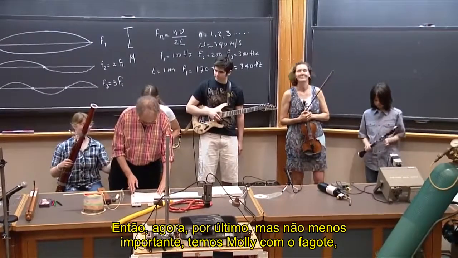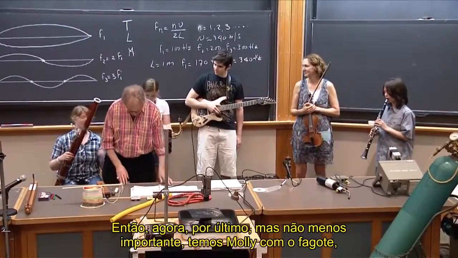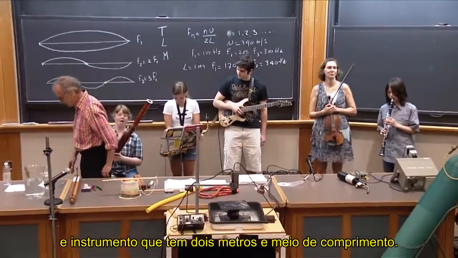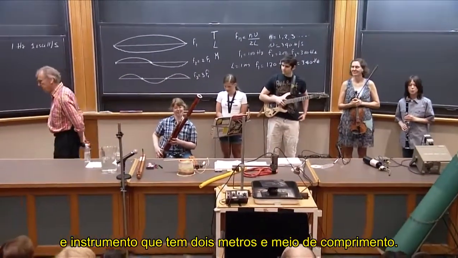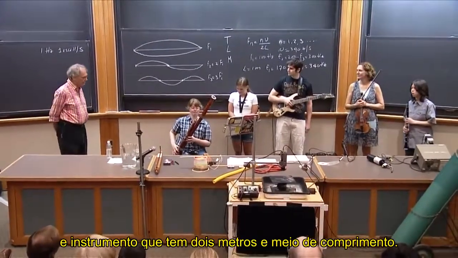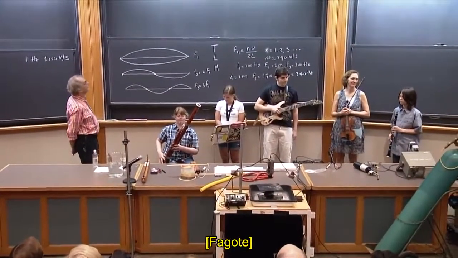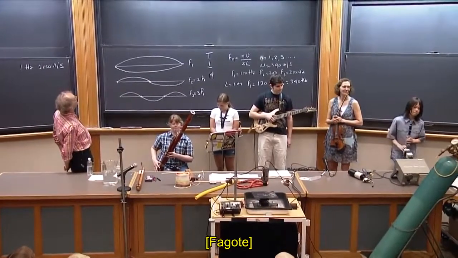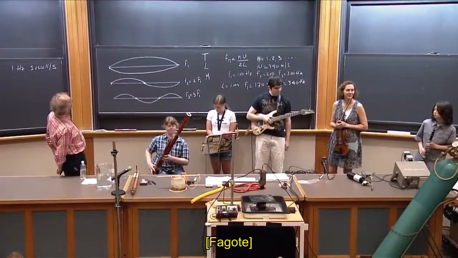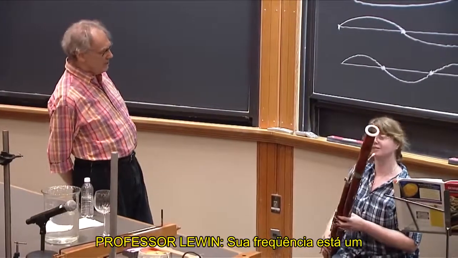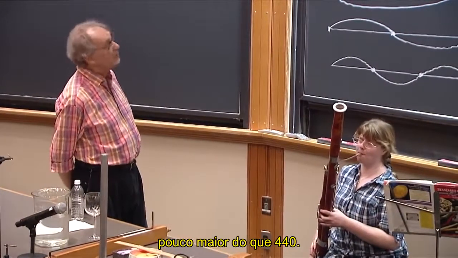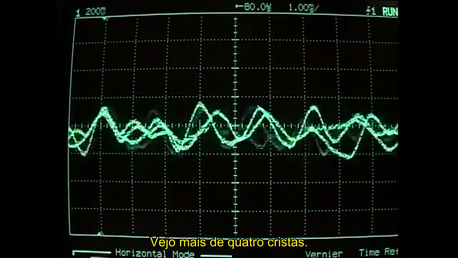So now, last but not least, we get Molly with the bassoon, an instrument that is 2.5 meters long. Your frequency is a little higher than 440. I see more than 4 mountains. Go ahead.